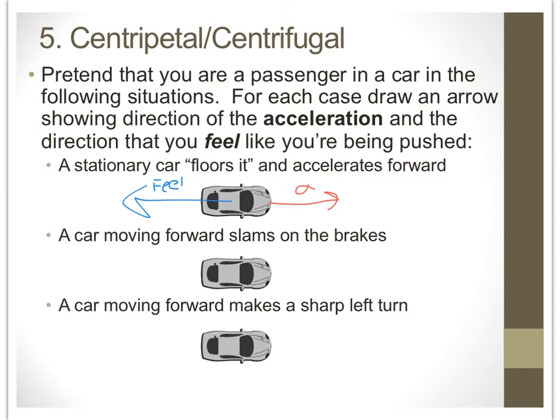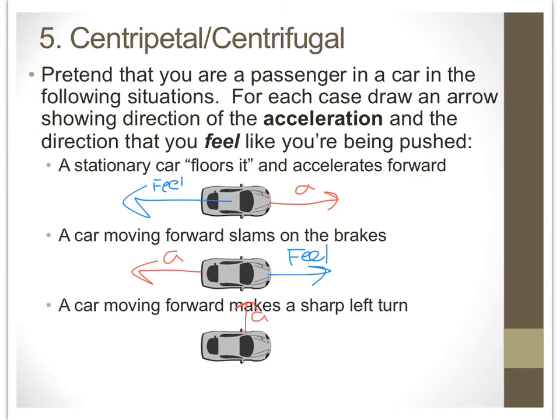Now let's think about a car that's moving forward and slams on its brakes. We know that car is going to accelerate backwards. In order to slow down, we need an acceleration opposite the direction it's moving. But if you've ever been in this situation and someone slams on the brakes, you feel like you're being thrown forward. And we experience the exact same thing with a car turning. A car moving forward makes a sharp left turn.